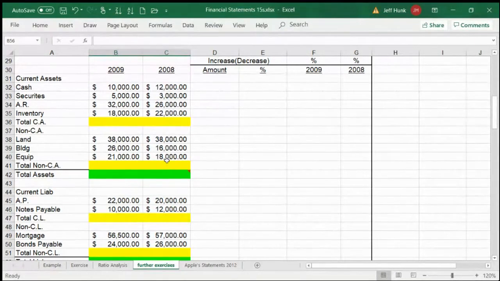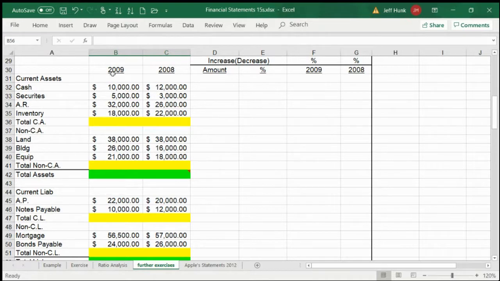So this is end of 2008 and end of 2009. I've been telling you that you need two balance sheets and one income statement. Two balance sheets mean balance sheet at time zero and balance sheet at time one.